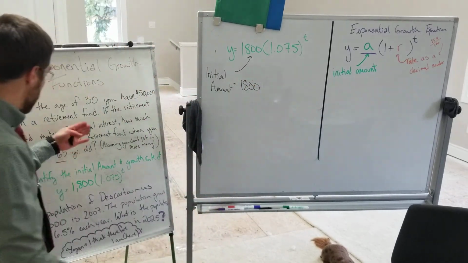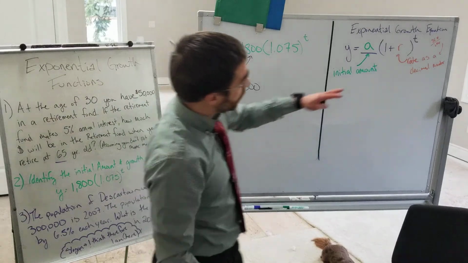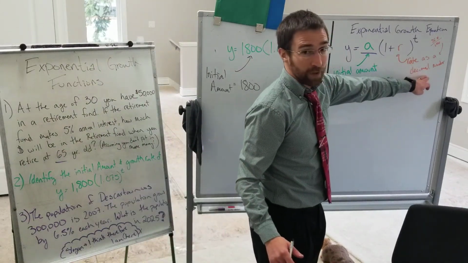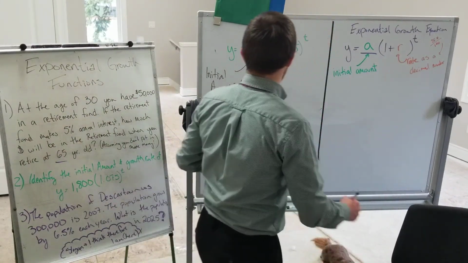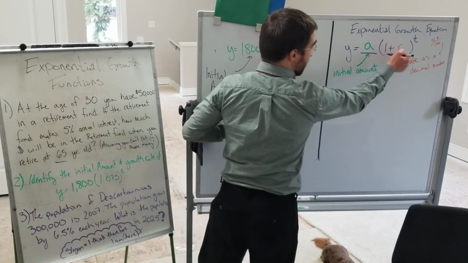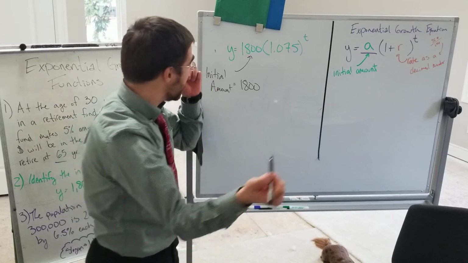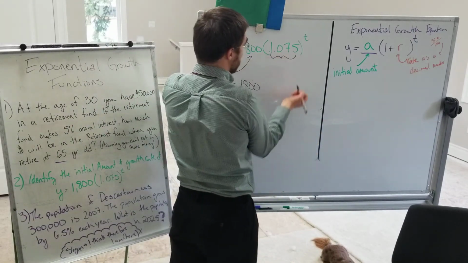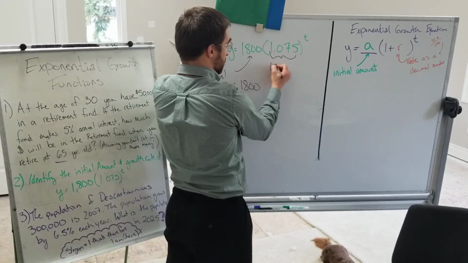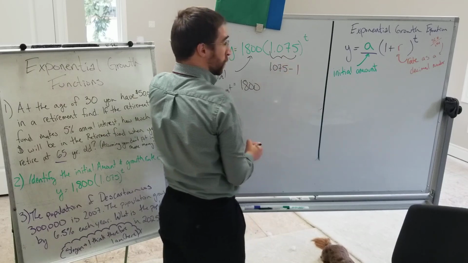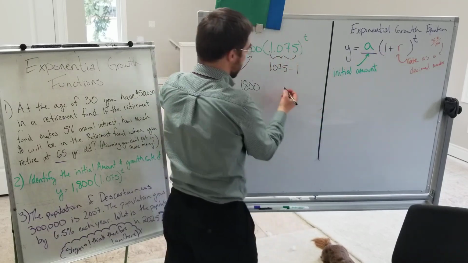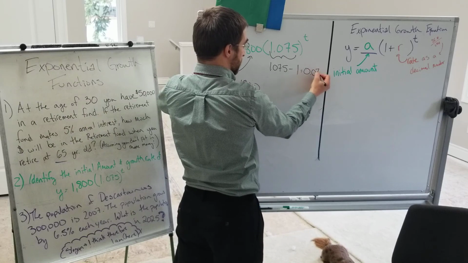It's also asking for the growth rate. The growth rate is the rate as a decimal number right here. So what I do is I know the stuff inside the parentheses is 1 plus r, where r is that rate. I'm going to take this 1.075 and subtract 1 from it to get rid of that 1. That gives me 0.075.